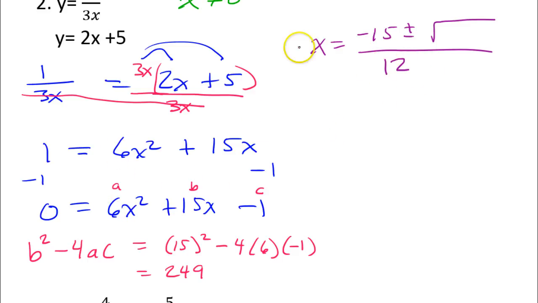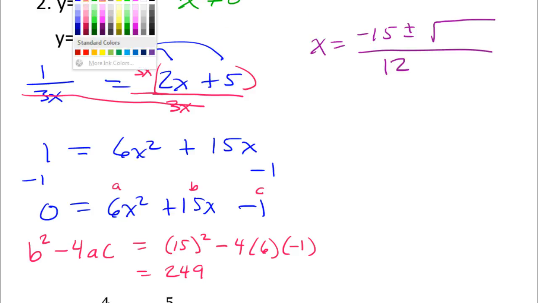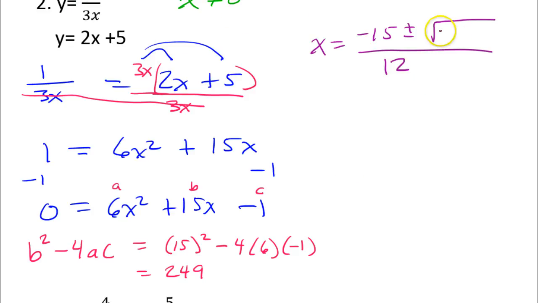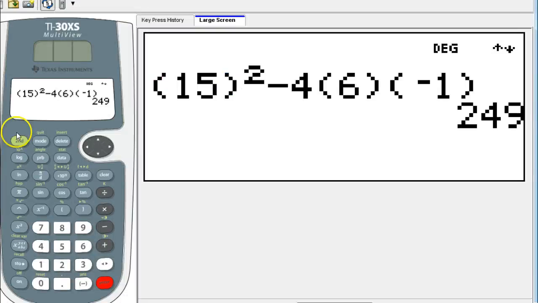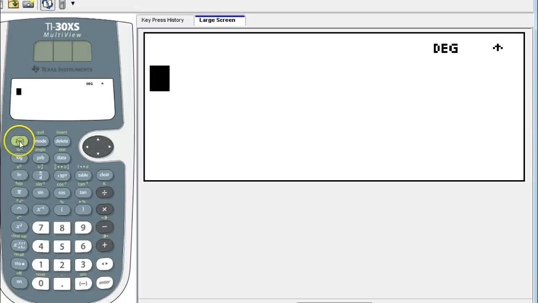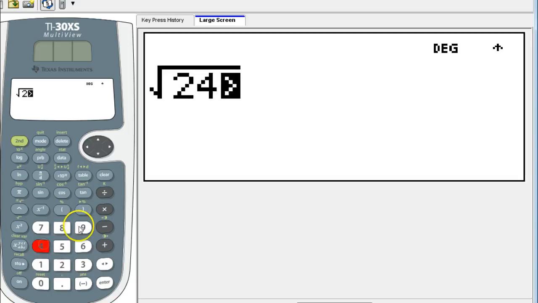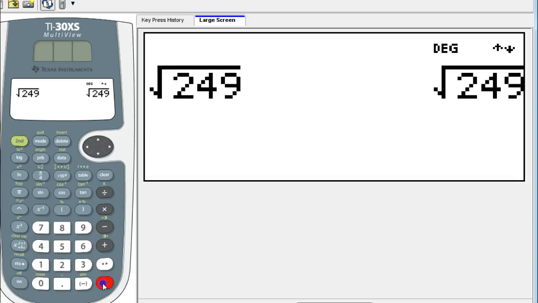Now, of course, under the radical goes the discriminant, which is 249. I don't think this simplifies. Let's see what the square root of 249 is, see if it's just a random decimal. Yeah, that doesn't simplify at all.